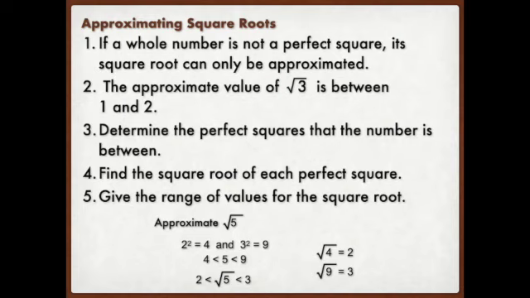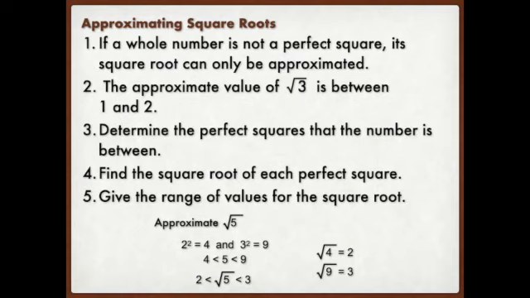So let's try the square root of 10. What's the closest perfect square smaller than 10? The square root of 10 is not a perfect square, so I have to look to the left of it.